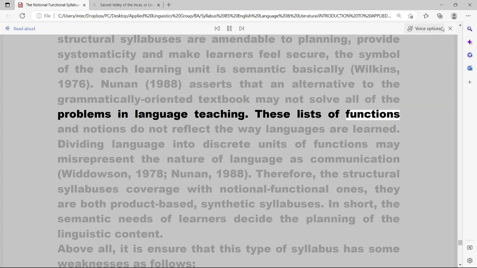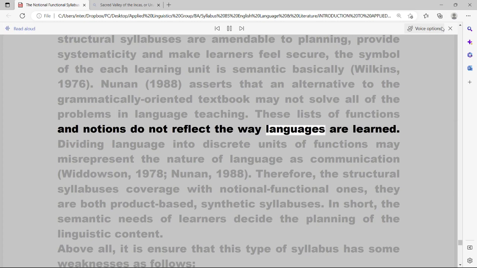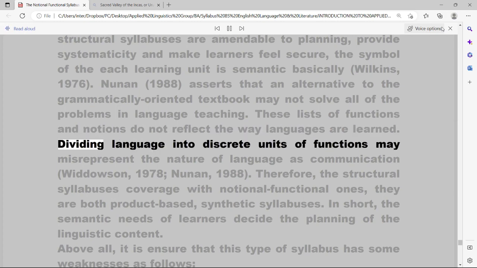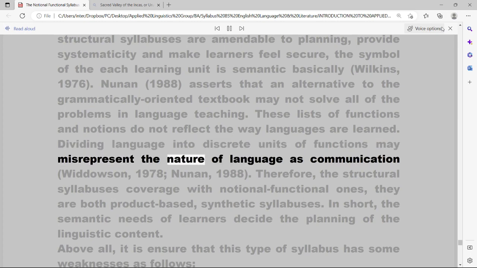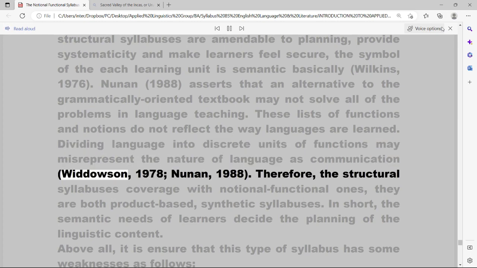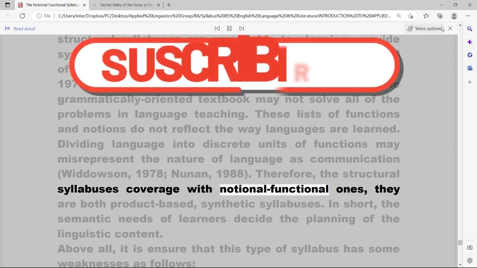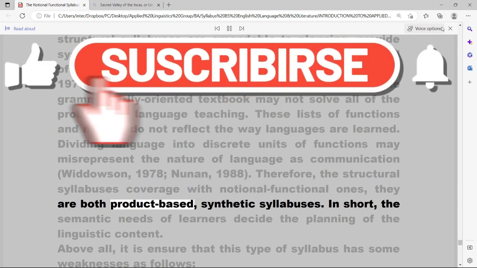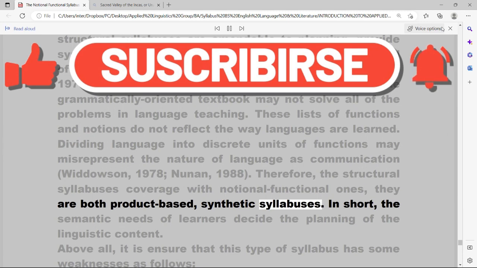These lists of functions and notions do not reflect the way languages are learned. Dividing language into discrete units of functions may misrepresent the nature of language as communication (Widdowson, 1978; Noonan, 1988). Therefore, the structural syllabus together with notional functional ones, they are both product-based, synthetic syllabuses.